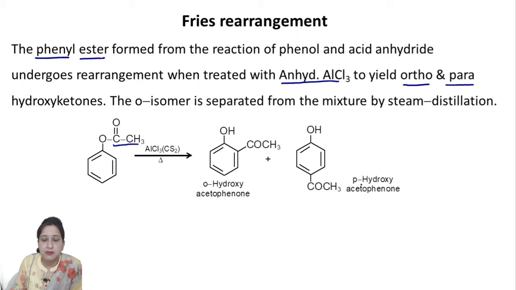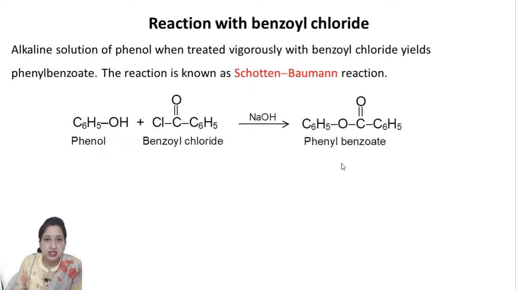So this type of rearrangement is known as Fries rearrangement. Clear beta? Next is reaction with benzoyl chloride. Alkaline solution of phenol. Alkaline solution of phenol means this reaction is carried in the presence of an alkali.